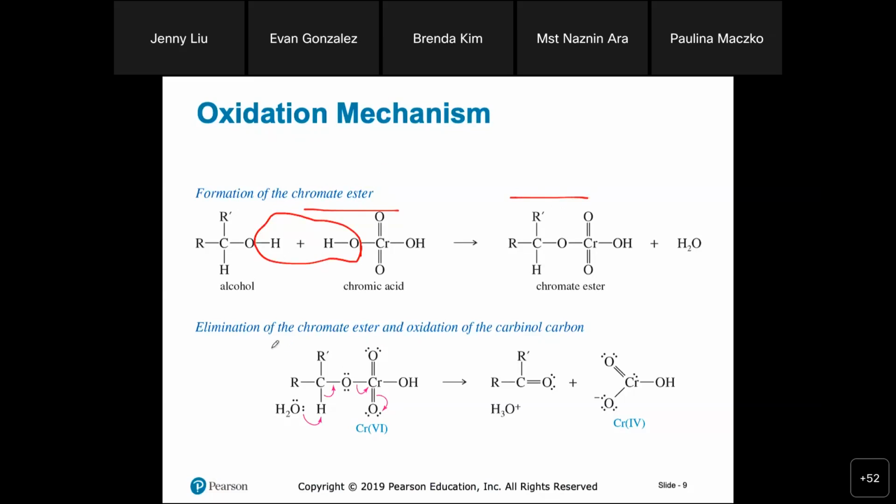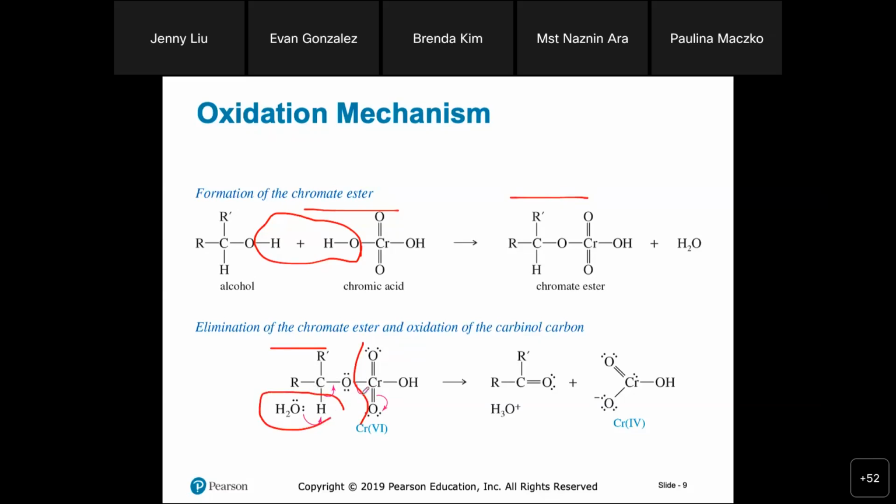And in the second step, the elimination step of the chromate ester, when the chromate ester group leaves, you can look here. Since oxygen is highly electronegative, oxygen will take the electrons, and we will also be leaving the water.